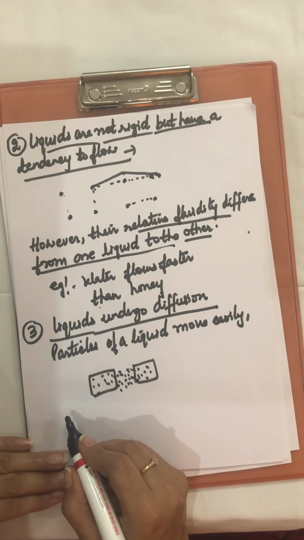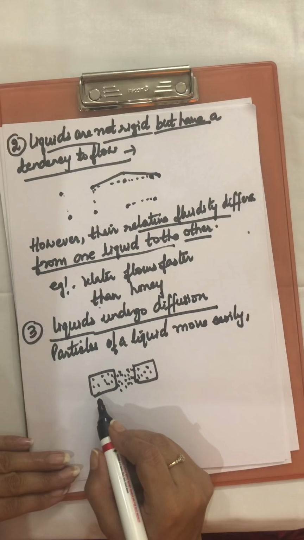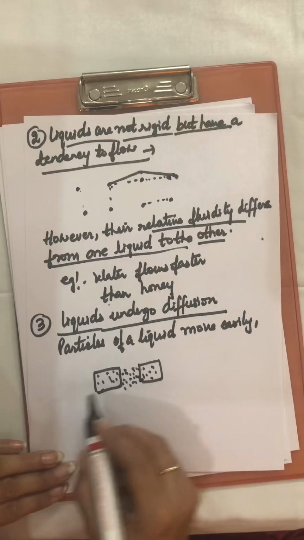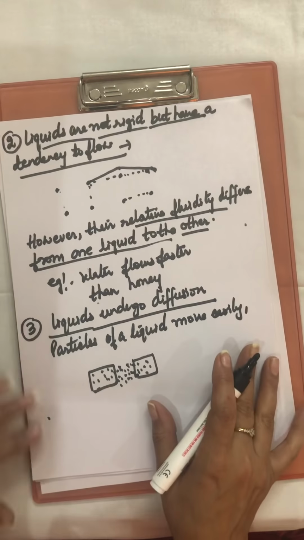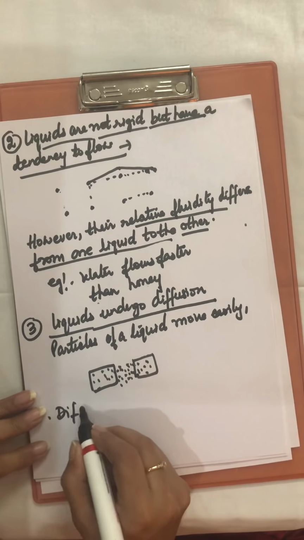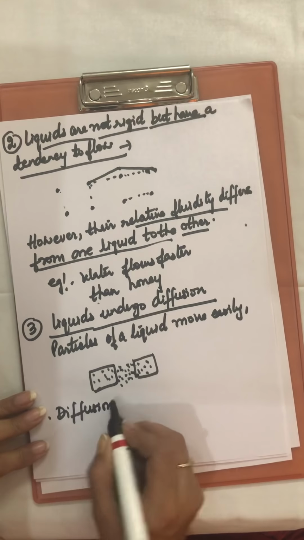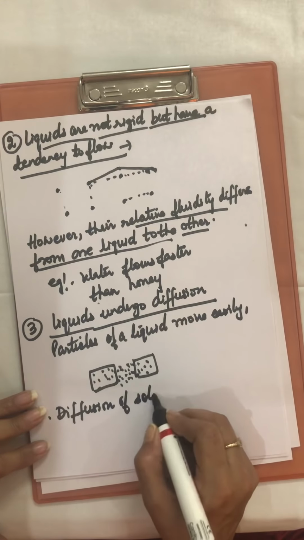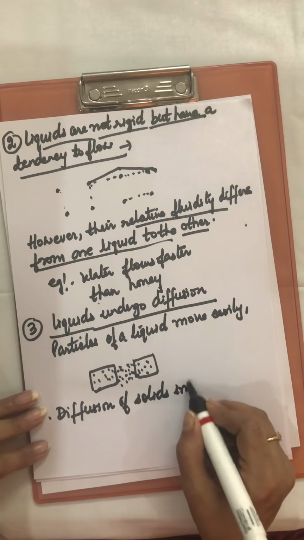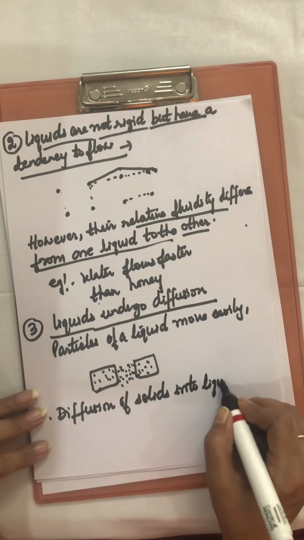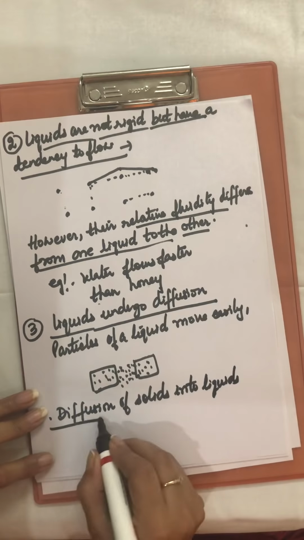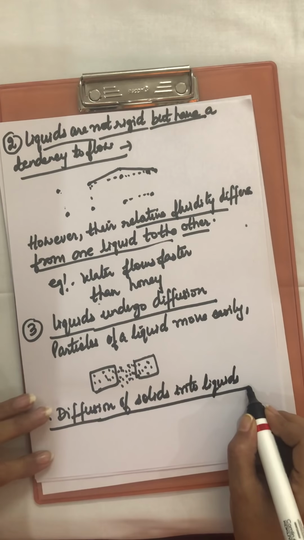Therefore, solids, liquids and gases all can diffuse into liquids. Example, diffusion of solids into liquids, that is, mixing of solids into liquids.